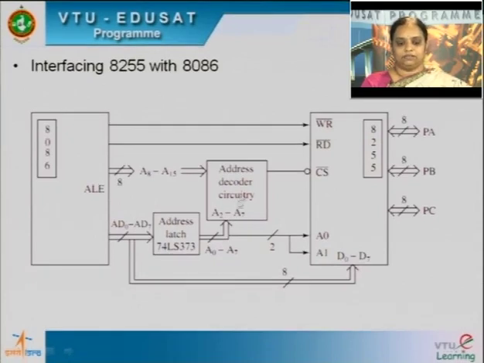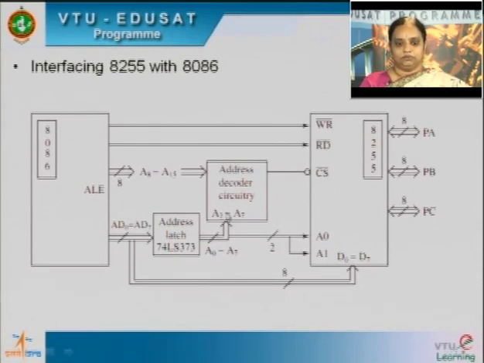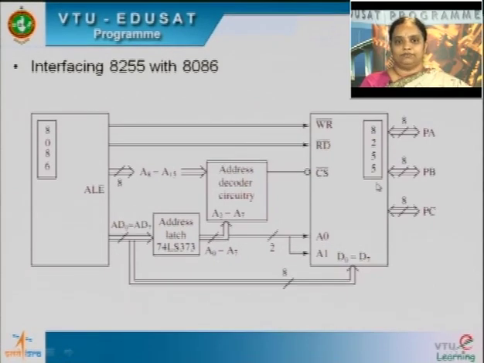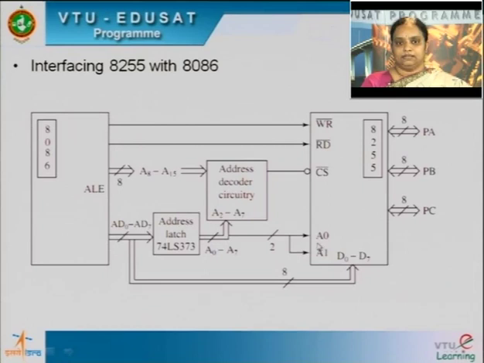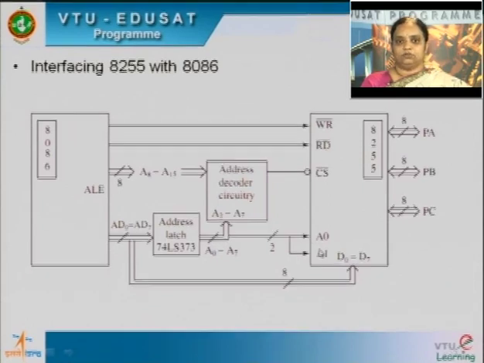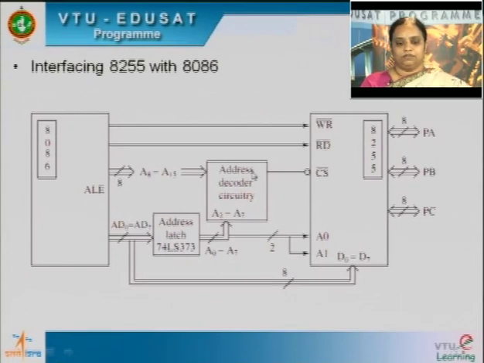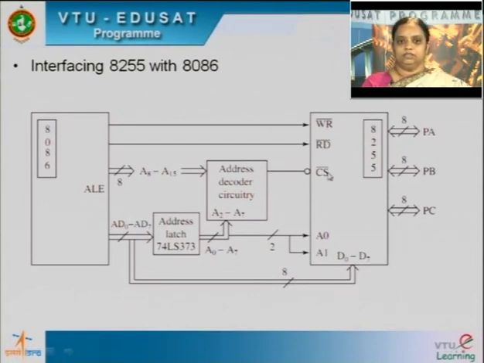Only A2 to A7 is fed to the address decoder. The 2 bits, A0 and A1, are fed directly to 8255. We have seen in the last slide that if A0 and A1 are 00, port A is selected, and so on. The data bus is a bidirectional data bus that is connected directly. And we also have the 3 ports. Then the output of the address decoding circuitry is given to the CS bar.